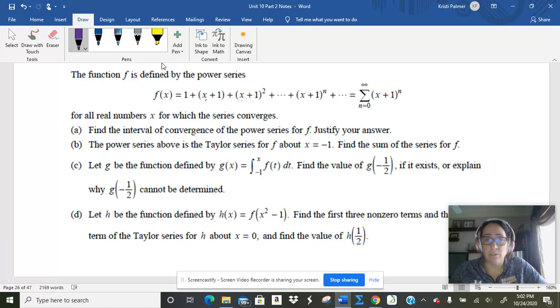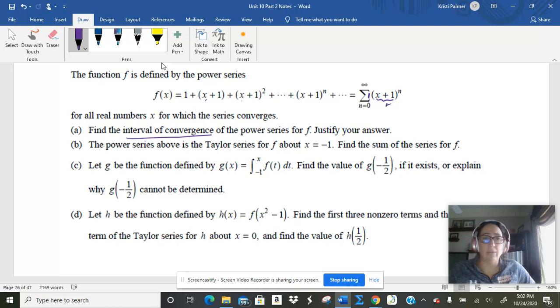So we have two options when we are looking for that interval of convergence. We either want to think geometric or ratio. And here I can see that this is geometric. My a is 1, and this is my r, so I can see my a times r to the n.